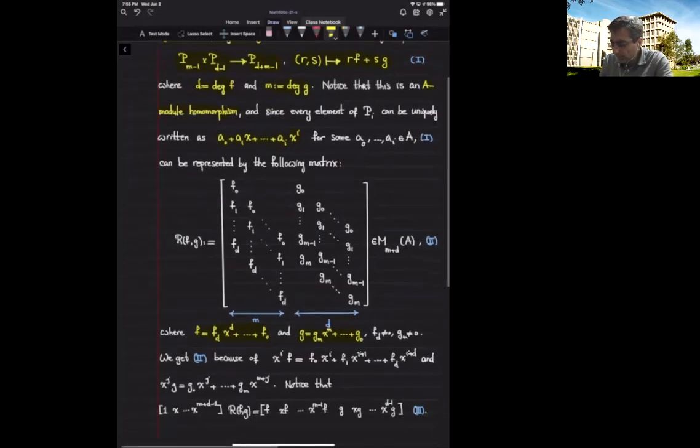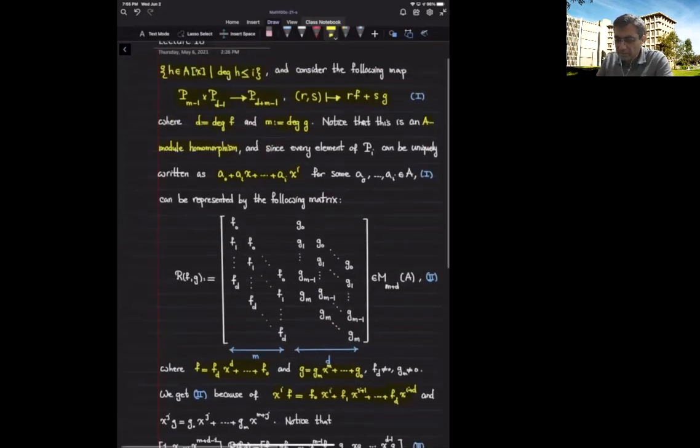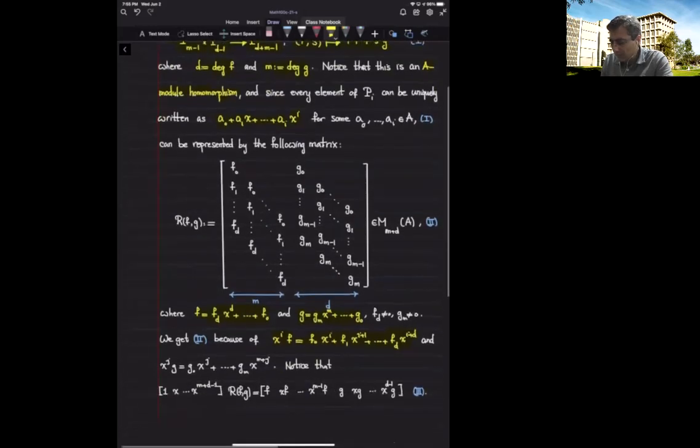So I need to understand what x to the power i times f is. It is just a shift of f. I'm shifting all the coefficients of f by i steps. Now if I plug in 0 here and x to the power j here, I end up getting x to the power j times g, which is a shift of the coefficients of g by j steps.